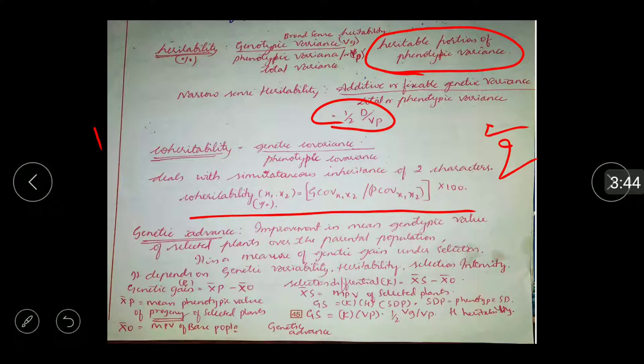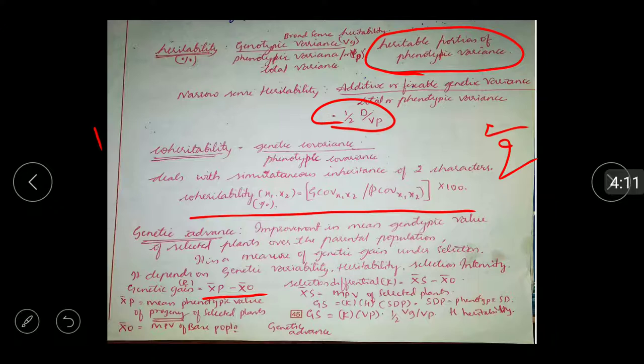Genetic gain is the difference between the mean phenotypic value of the progeny of the selected plants and the mean phenotypic value of the base population. We need to remember it is the progeny.